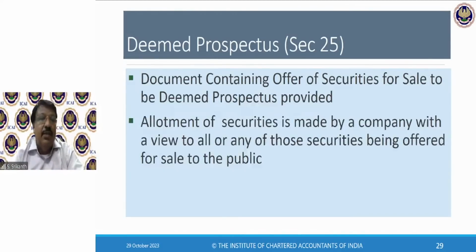What they say is, a document containing offer of securities for sale is to be deemed a prospectus, provided the intention of the company, meaning the company promoters and directors, is there. Very intelligent people. They think, only if I give a notice or circular, will it become a prospectus, right?